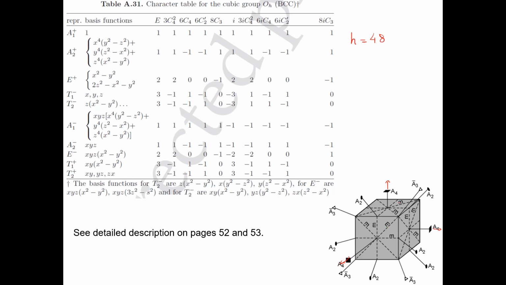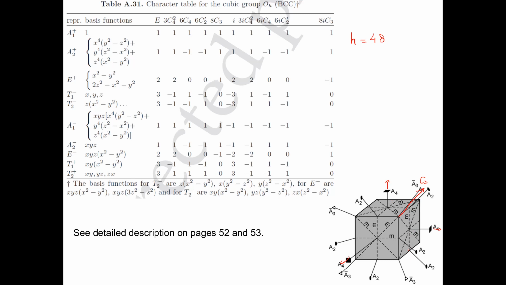But you also have C3 axes that go through the main diagonals of the cube. Then you have 2 pi over 3 plus or minus 2 pi over 3 rotations over those axes.